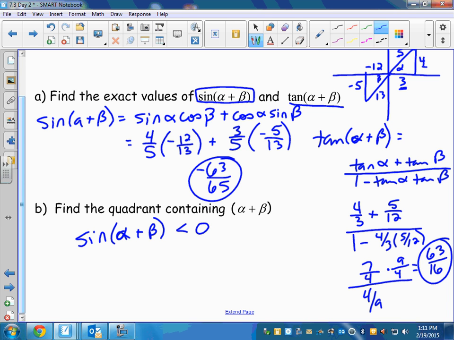And the tangent of alpha plus beta was positive 63/16, yes? What quadrant do you have to be in if the sine is negative but the tangent is positive? Does that make sense of how you can figure that out?